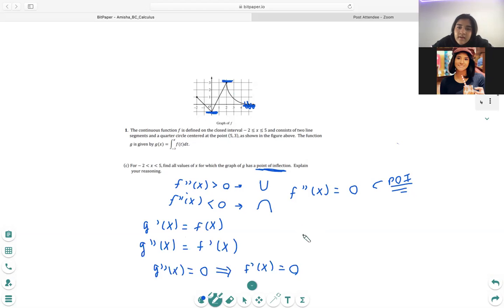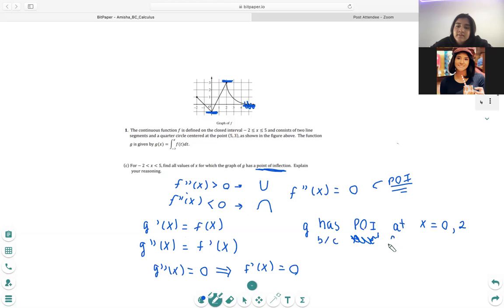So we can say g has a POI at x equals 0 and x equals 2 because, well, we cannot talk about f, we have to connect it to g.